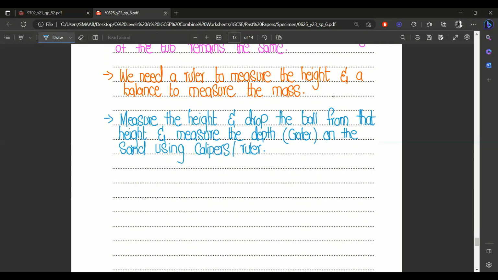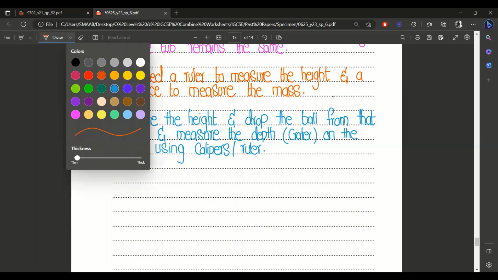So a vernier caliper is also useful for us. Otherwise, we simply use the ruler to measure the diameter, right? Yes. Or the second option is we measure the diameter.